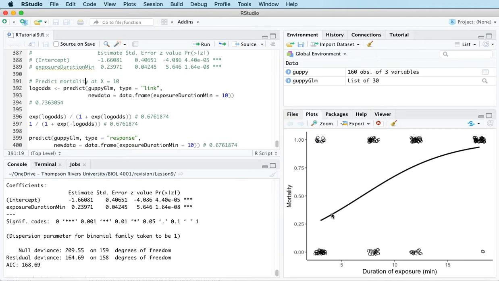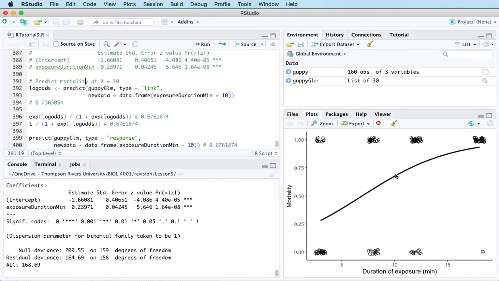As we increase the exposure time, that probability increases, and at an exposure of 10 minutes, if we trace across to the vertical axis, it looks like we get a predicted probability of dying of about, what is that, 0.6, 0.7. I'm thinking it's just a little bit above 0.6.